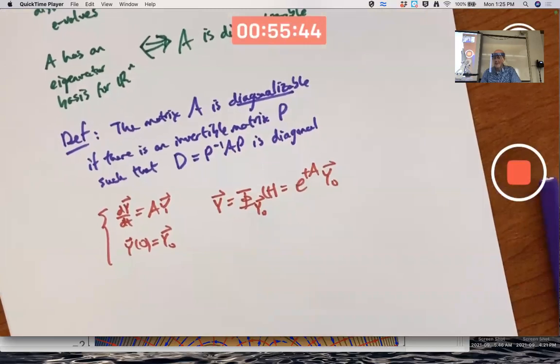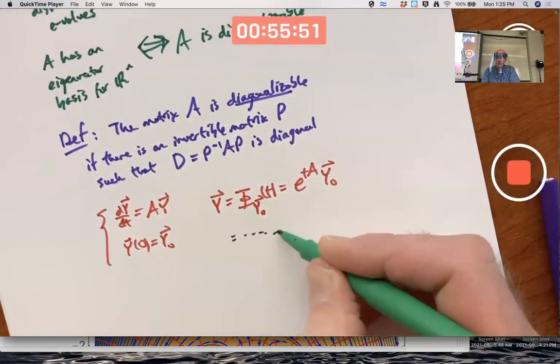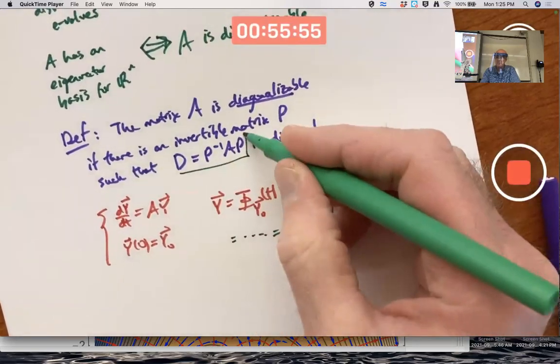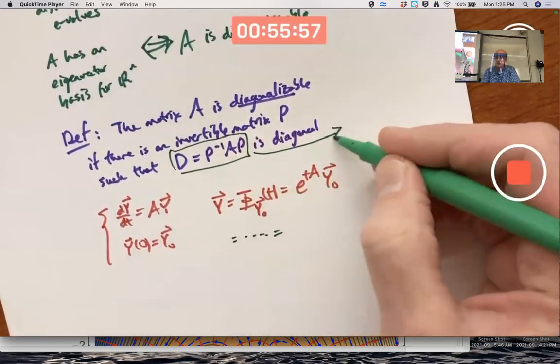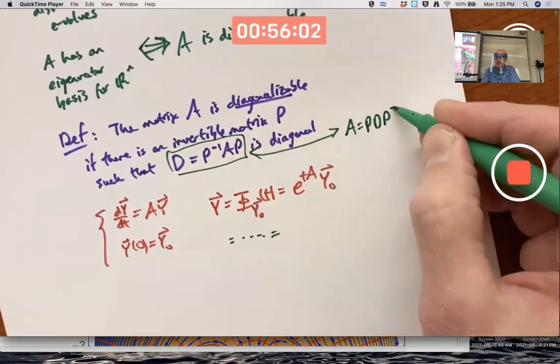How is that related to diagonalization, though? You can show ultimately, through some work, that since D is equal to P inverse AP, that's equivalent to A equals PDP inverse.